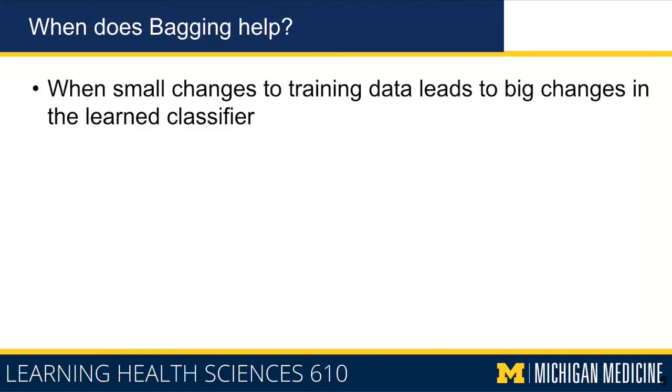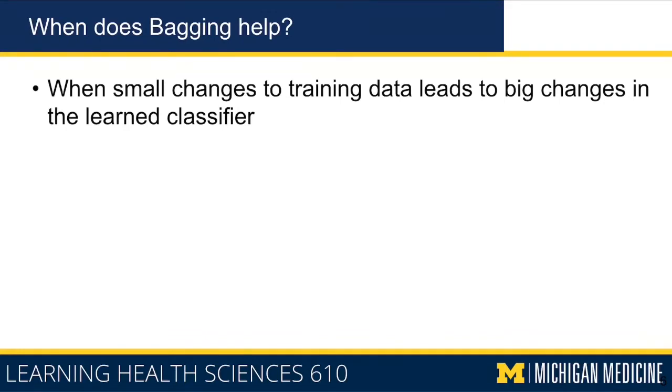Why does it help? It helps because the models that you create from each individual sample are slightly different from each other, because they are trained on training data sets that are slightly different from each other, right?